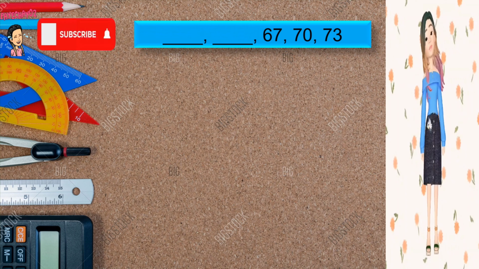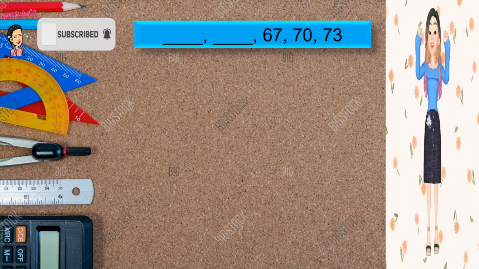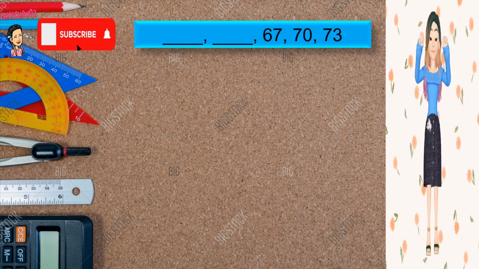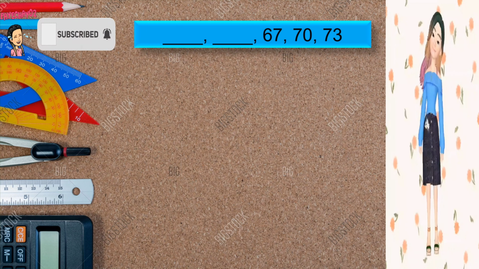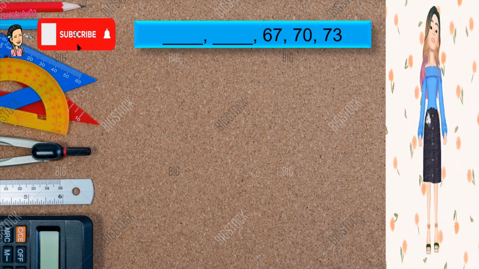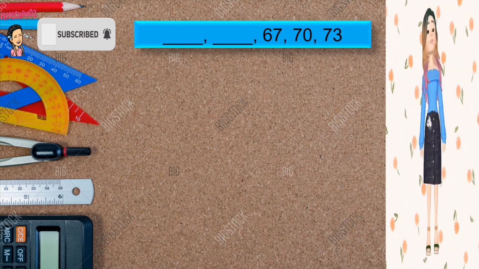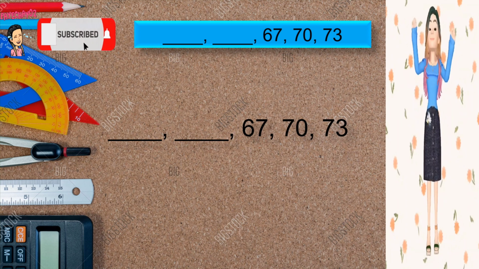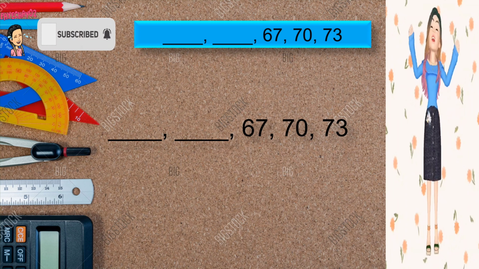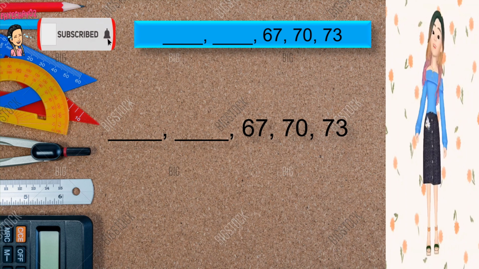So, let us find the missing first and second term. In this kind of number sequence, magsisimula tayo sa highest number. So, we have 73, 70, and 67.